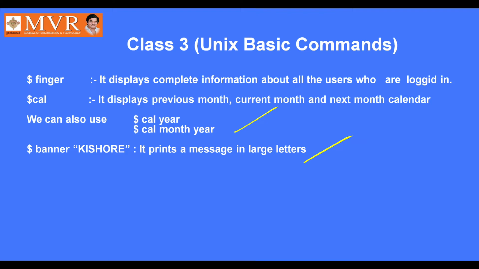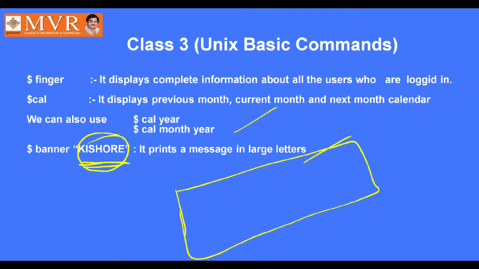Whenever you type banner followed by any name or any item or any information within double quotes, it displays the item given with the banner command in a format that looks like a big banner. As we all know what a banner is, it will be displayed in big letters, BANNER, like that.